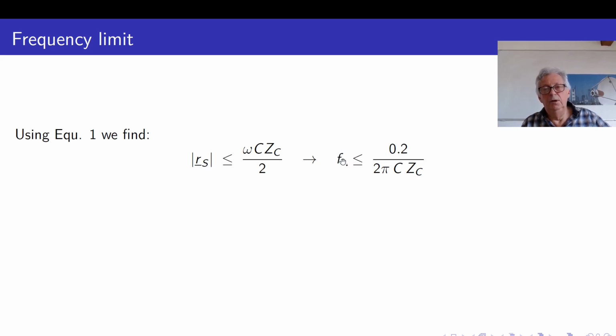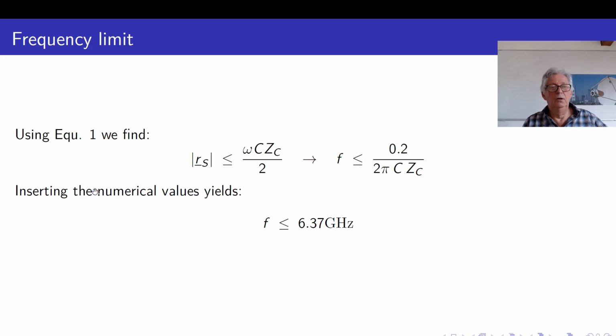Only below this value of the frequency, the reflection coefficient will be lower than minus 20 dB. And if you calculate the value, then you end up with a value of 6.37 gigahertz, which corresponds to roughly 6.4 gigahertz.